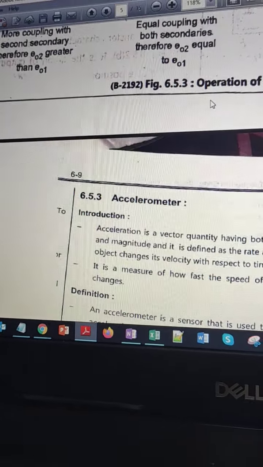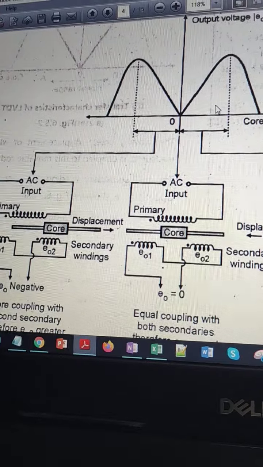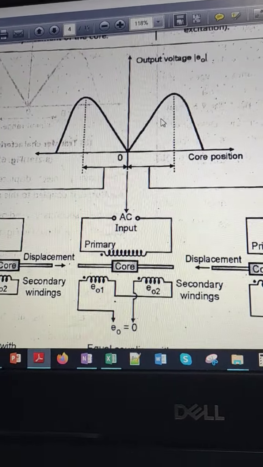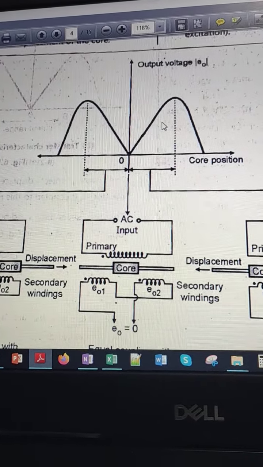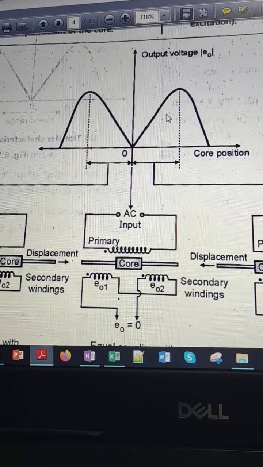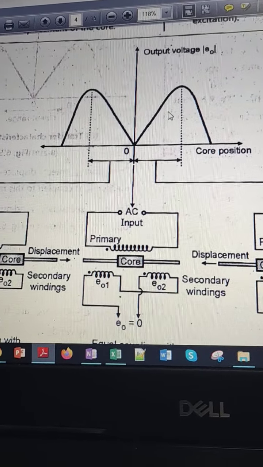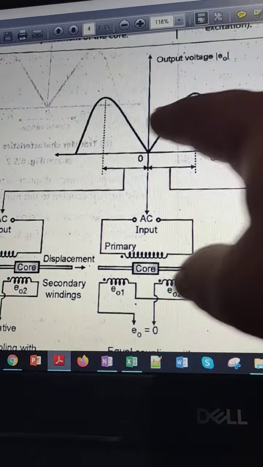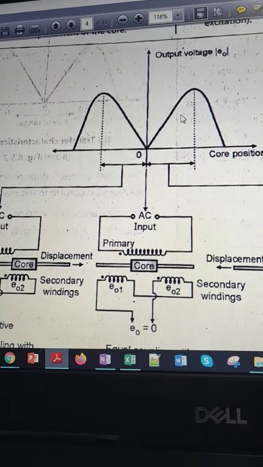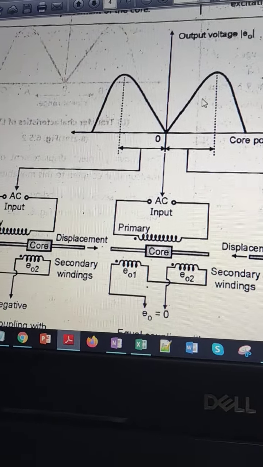So this is our LVDT. This is a very important question, may be asked for 7 or 8 marks: explain LVDT with construction, working principle and transfer characteristics. You can explain using only this diagram. According to this diagram only you are getting the output. Thank you.